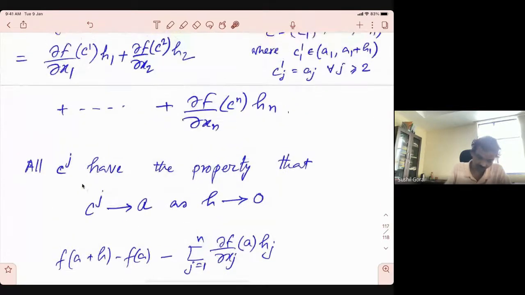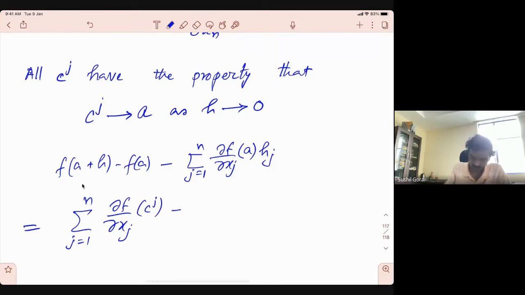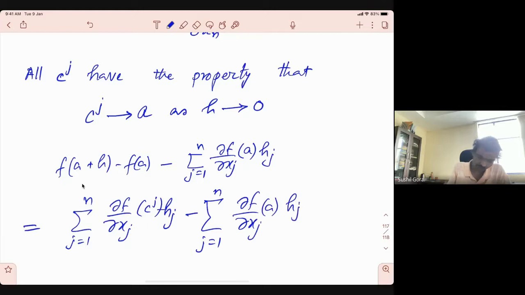So it is equal to summation j equal to 1 to n of del f by del xj at cj times hj, minus summation j equal to 1 to n of del f by del xj at a times hj.